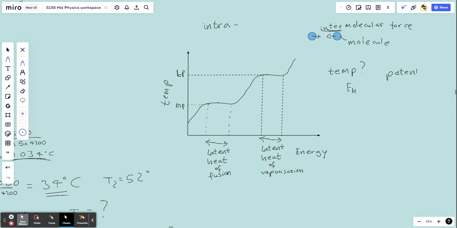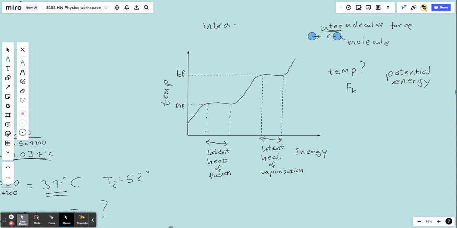So as you give this substance, whatever it might be, energy, it will first of all gain in kinetic energy, and then the kinetic energy will stay the same, and then it will gain in potential energy around this period, and then gain kinetic energy again. So potential energy is what is required to overcome the bonds, and then the kinetic energy is just the energy it has to allow it to move around faster or slower.